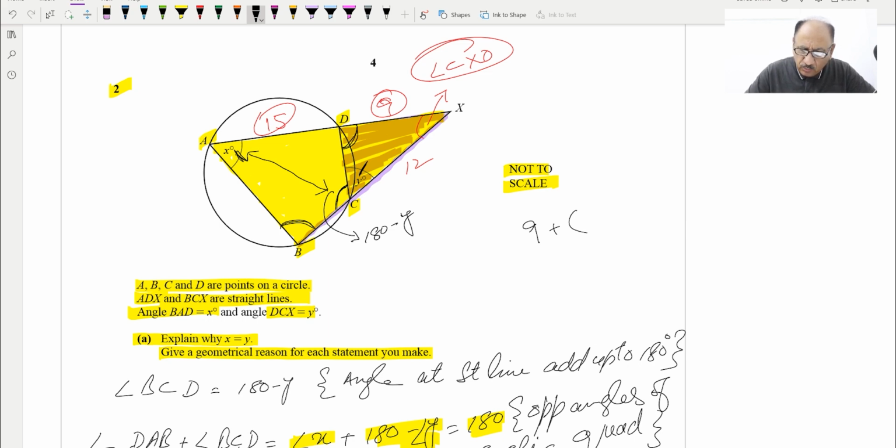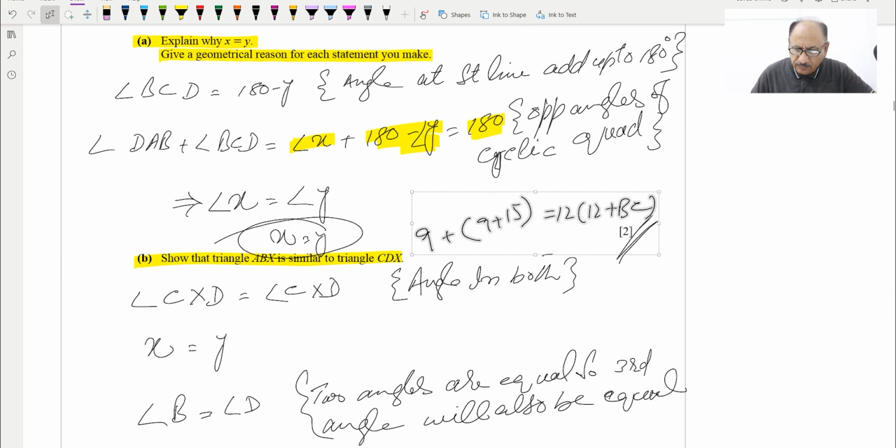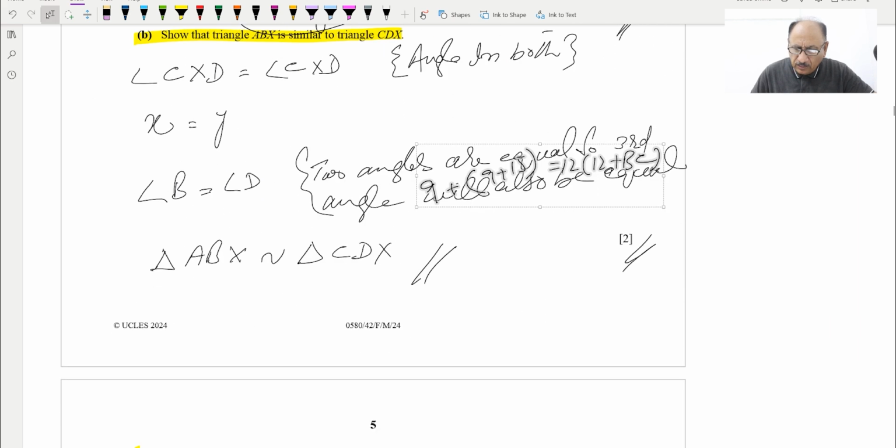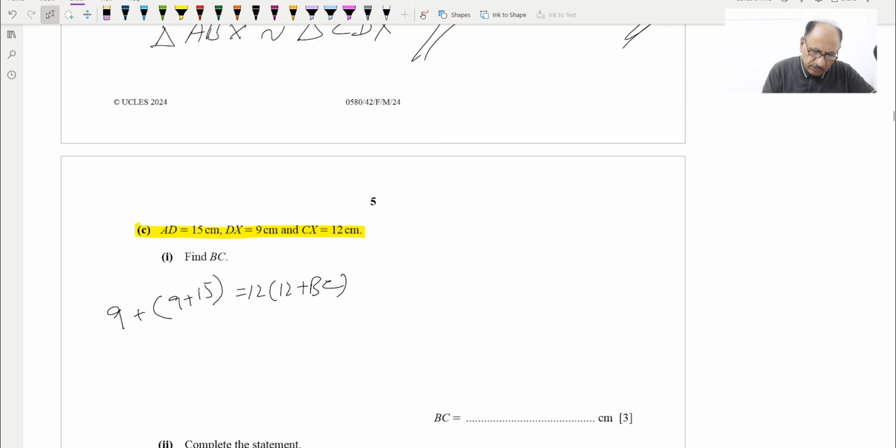So in other words, DX multiplied by AX, and AX is 9 plus 15, will be equal to 12 into 12 plus BC. We can shift this to the proper location, solve this, and we will get the BC value.